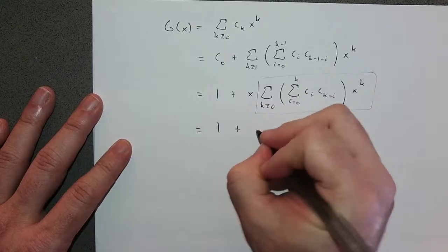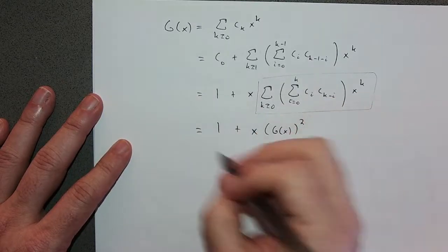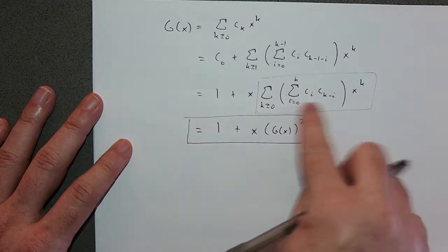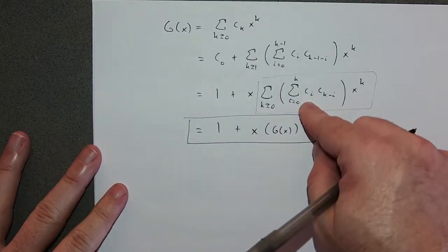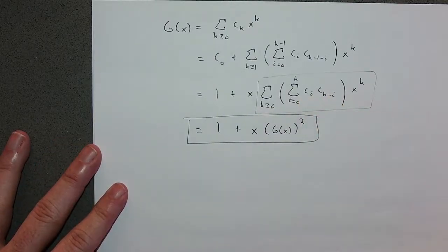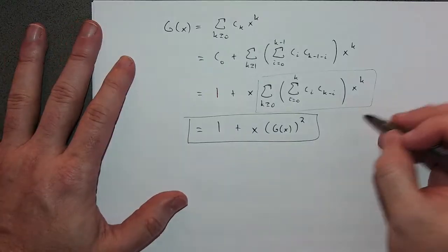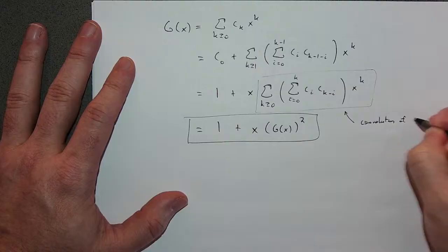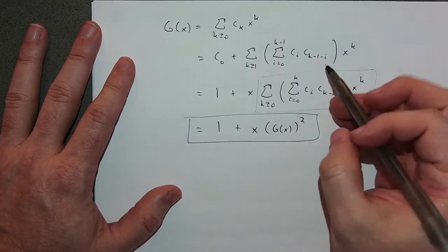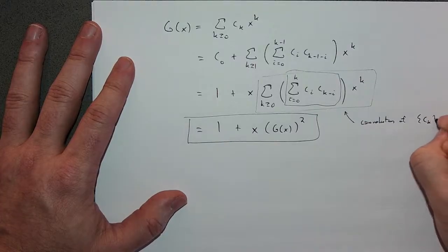So this is the product of the generating function times itself. So this is 1 plus x times g of x squared, because of this convolution bit. This is actually the sequence c sub k convolved with itself, so that is the product of the generating function with itself.